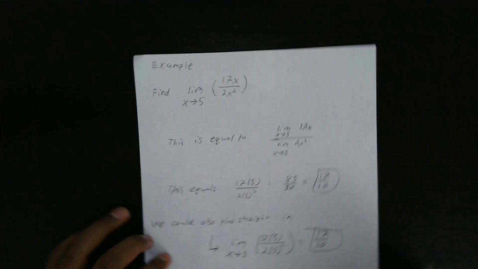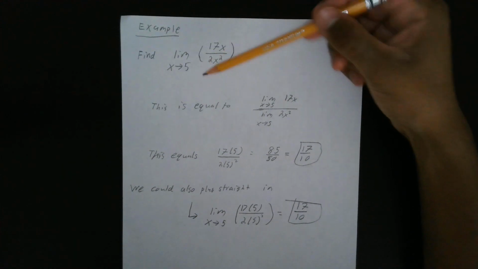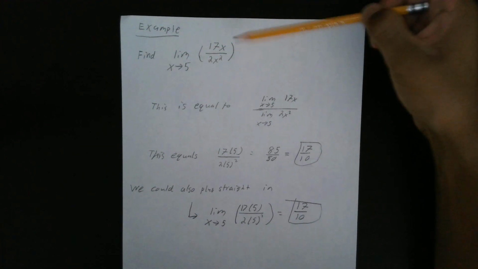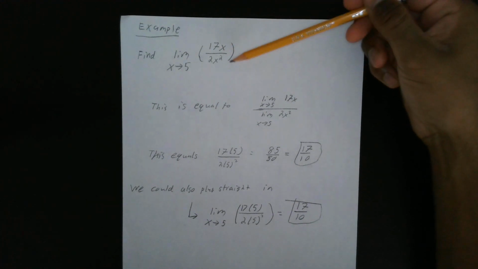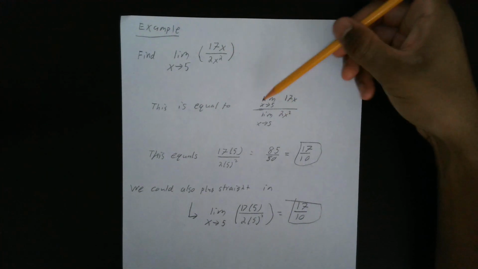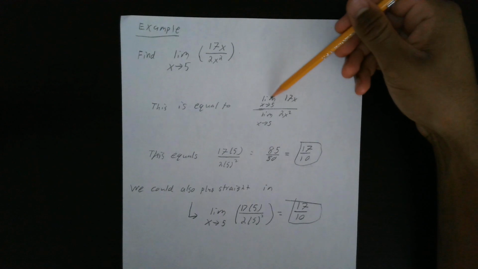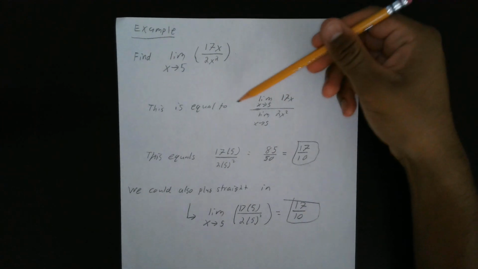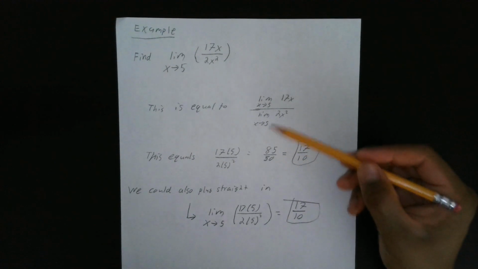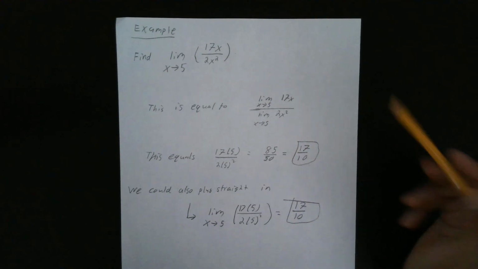Now, let's look at an example problem. Find the limit as x approaches 5 of 17x over 2x squared. Now, we can split this up into two different expressions if we want to. We have the limit as x approaches 5 of the numerator, 17x, divided by the limit as x approaches 5 of 2x squared.